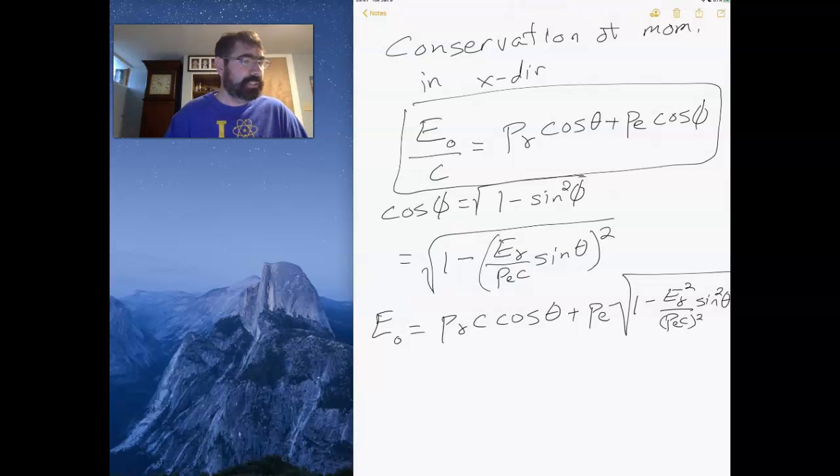And then the only thing I'm missing here is an extra c times the momentum of the electron.